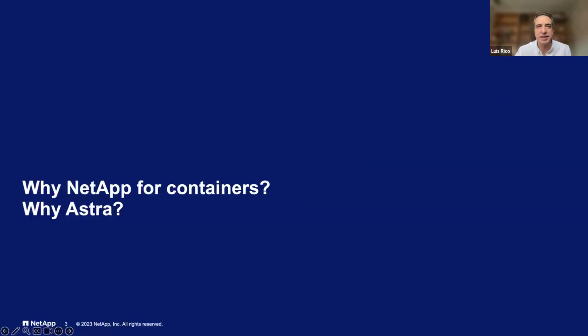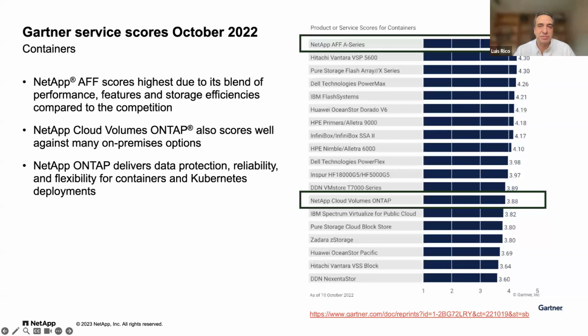So I will go ahead and speak about NetApp for containers. Why NetApp? Why Astra? It's because we have a very interesting persistent storage solution for the containers world and for Kubernetes and for OpenShift. And it's not just us saying that, it's also analysts like Gartner. They do this kind of overview of all the storage vendors, especially on premise, how they behave with different workloads, and one of the workloads is containers and Kubernetes.